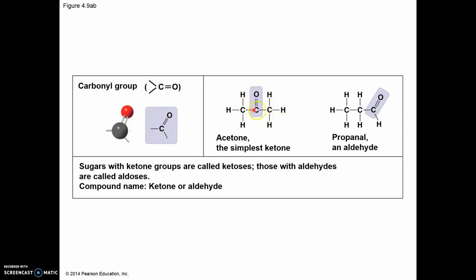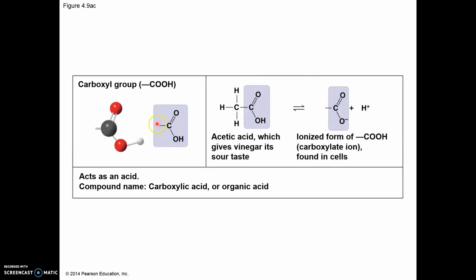So if it is in the middle of a carbon chain, it's called a ketone. If it's on the end and attached to that carbon is a hydrogen, it's called an aldehyde. These are very commonly seen in carbohydrates. We'll talk about that in the next chapter.